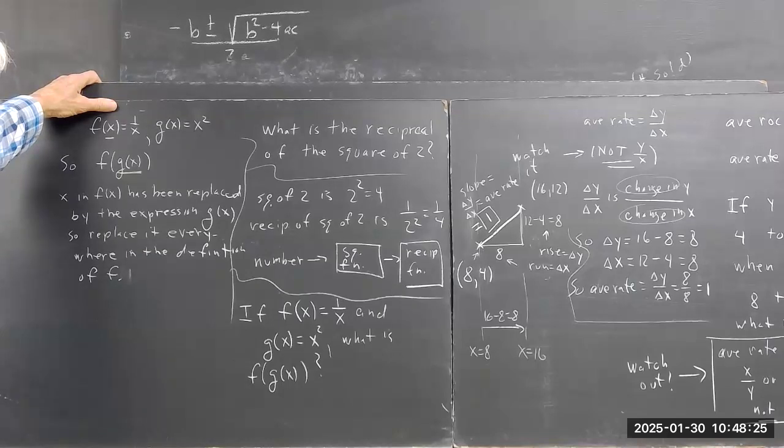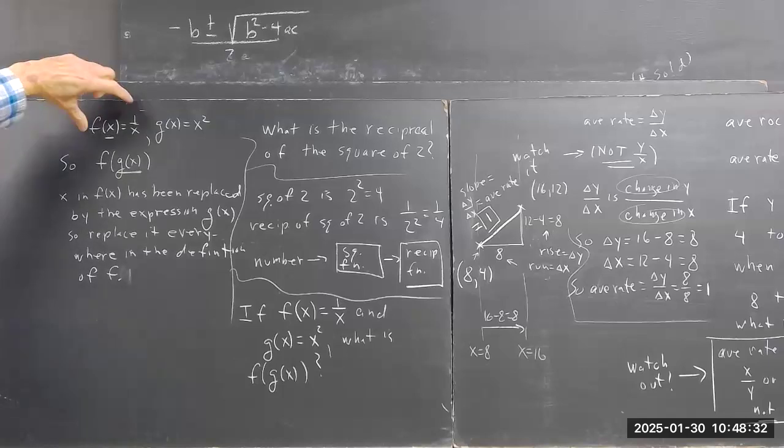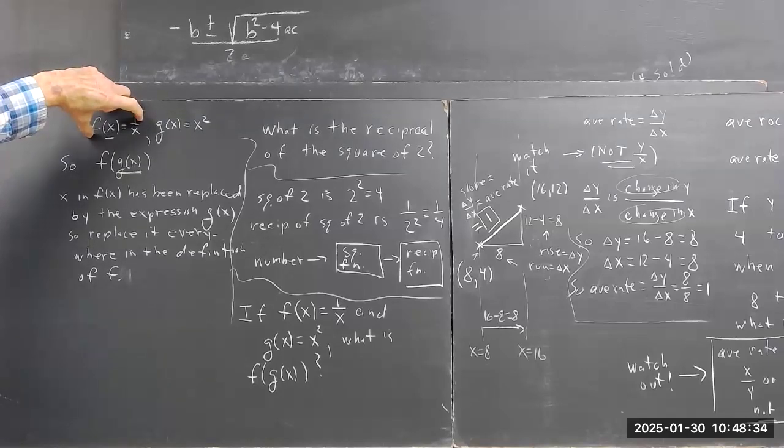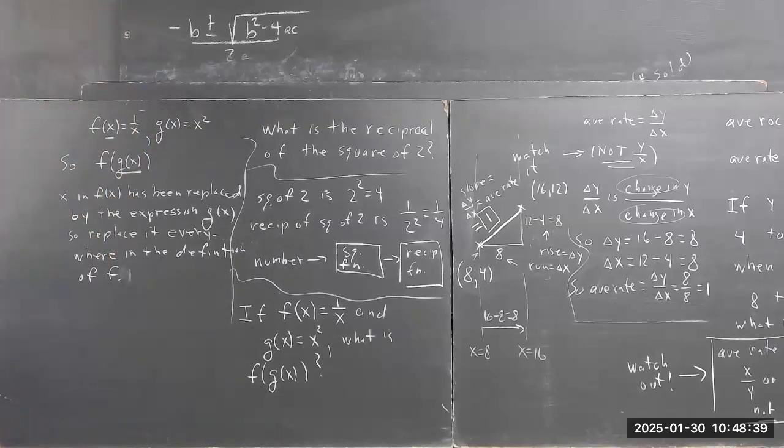Well, if we replace it everywhere in the definition of f of x, what are you going to get? Here's your definition, f of x equals 1 over x. Replace all the x's by g of x, and what do you get?